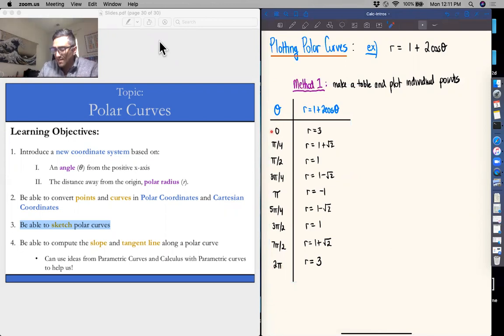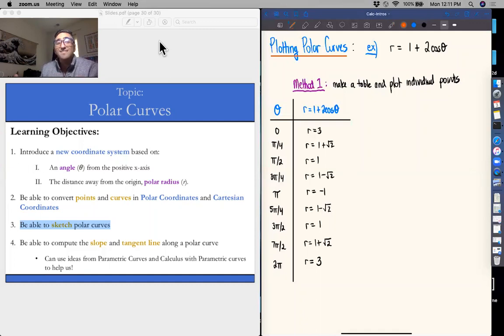We take that theta value and plug it into our polar curve to find the corresponding r value. I've chosen theta between 0 and 2 pi, evenly spaced in steps of pi over 4.